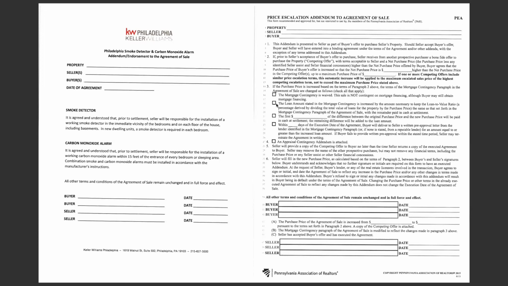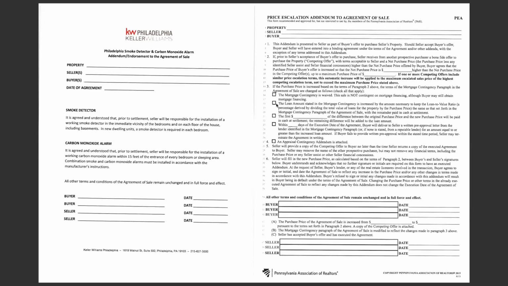If the property is on the market for $350,000, the buyer says, I'm willing to go up to $355,000. But I'm willing to bounce up my offer that is at $350,000 by $1,000 over the next competing offer.